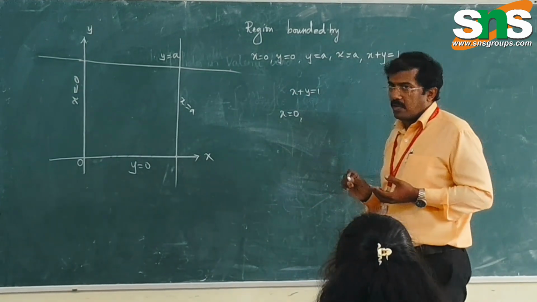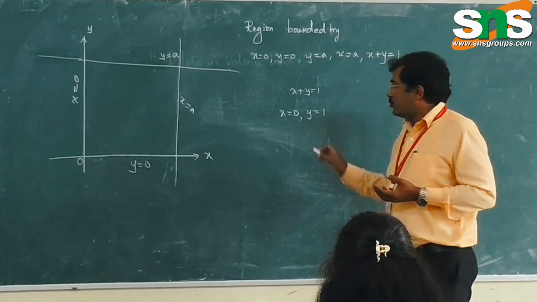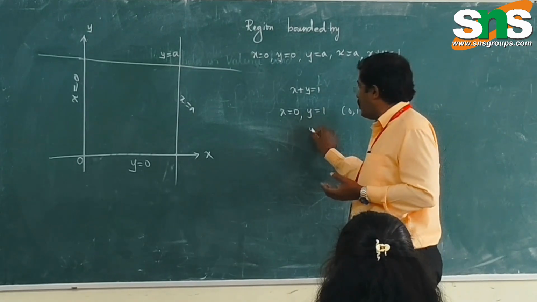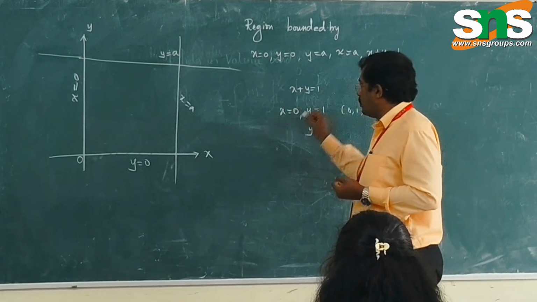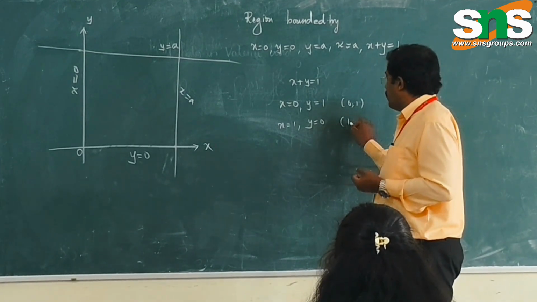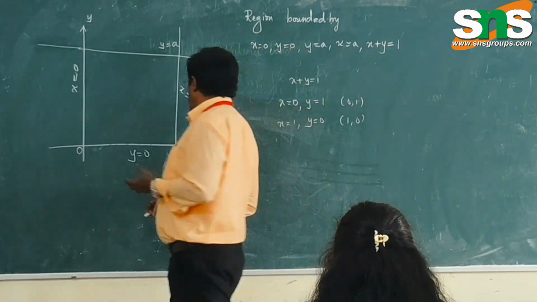If you give x equal to 0, you get the y value as 1. So the point is 0, 1. Similarly, if you take y equal to 0, here you get x equal to 1. So now this point is 1, 0. These 2 points can be plotted here.